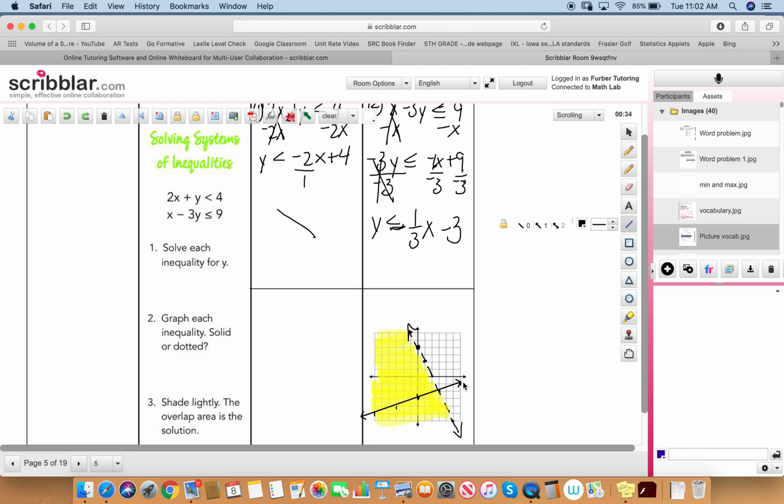So I'll go ahead and draw in that solid line. And then I can decide how to shade that region. So for that one, I am going to do the y values less than that line. So again, that's going to be below, in this region here.